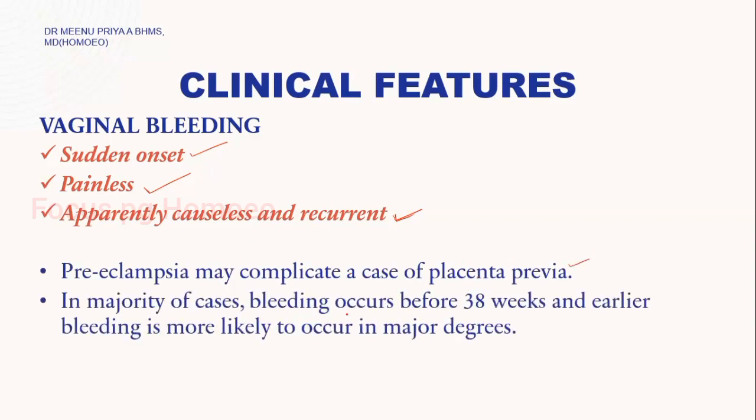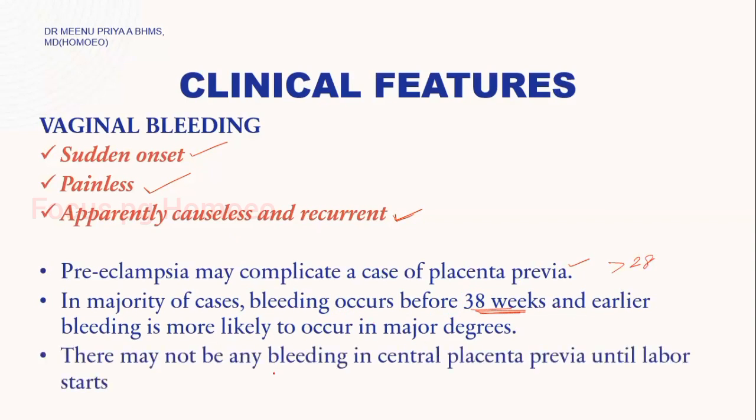In the majority of cases, bleeding occurs before 38 weeks, and remember, after 28 weeks. Earlier bleeding is likely to occur in major degrees. There may not be any bleeding in central placenta previa until labor starts. Why?